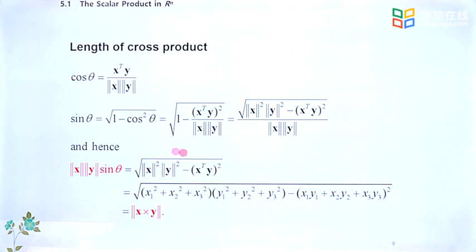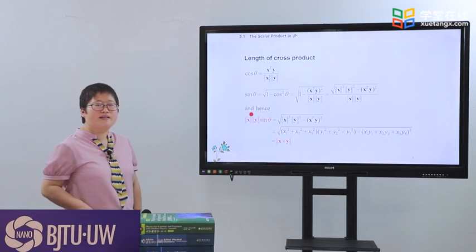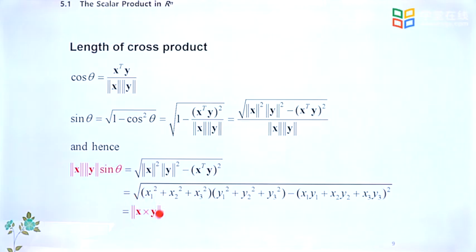And you write those vectors, the lengths and the scalar product in detail, and then immediately by calculation, you will know that this square root just equals the length of x cross product y. So remember this cross product, x cross y.